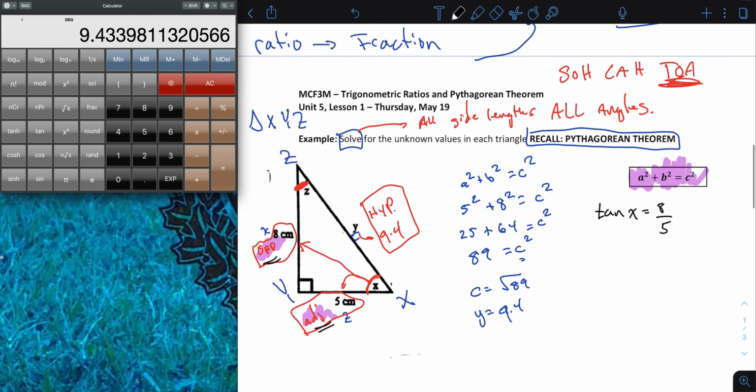Then you can go to your calculator and ask, what's 8 divided by 5? 1.6. Then tan inverse of 1.6 will equal X. So we can go shift, with 1.6 still sitting there, and hit tangent, and X equals 58 degrees.